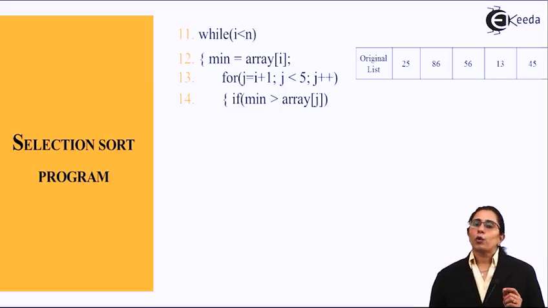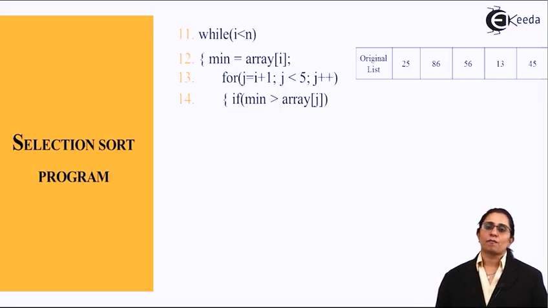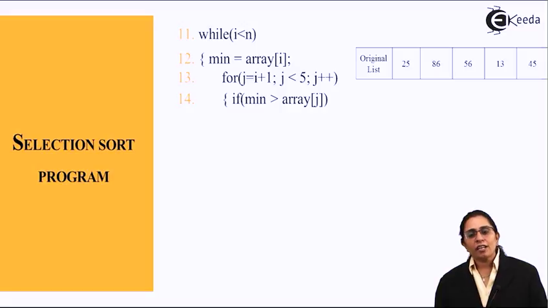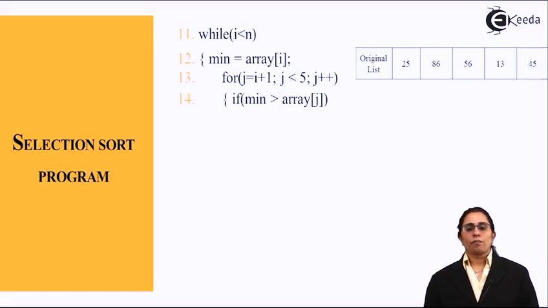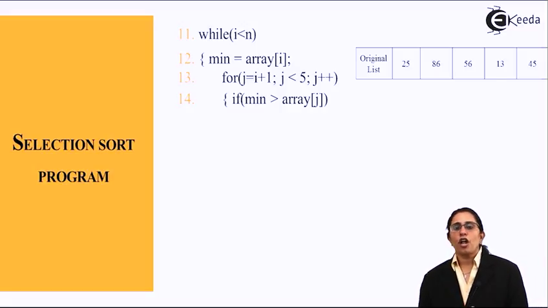We compare 25 with 86, but 25 is not greater than 86. So we increment the value of j and it goes now to 56. But 25 again is not greater than 56.